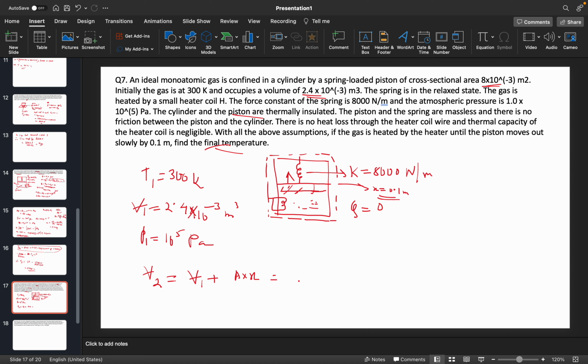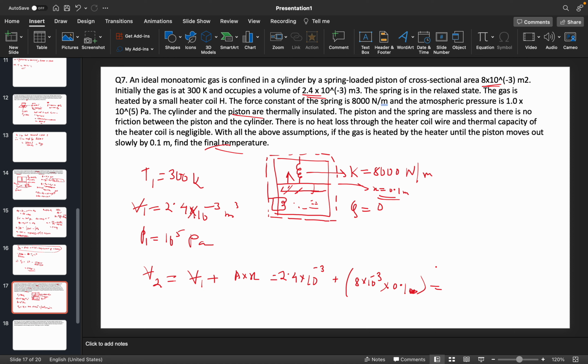My initial volume is 2.4 into 10 to the power minus 3, plus my area is 8 into 10 to the power minus 3, and it is displaced by 0.1 meter. It's directly meter cube.